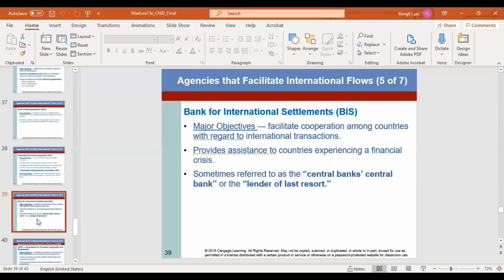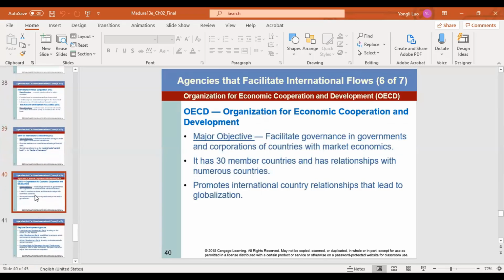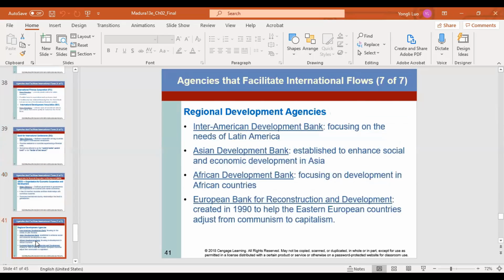Other agencies include the Bank for International Settlements, OECD, which is the Organization for Economic Cooperation and Development, or regional development agencies.